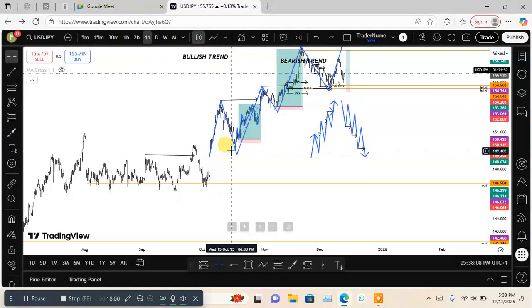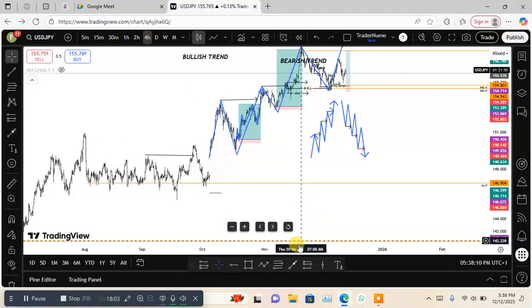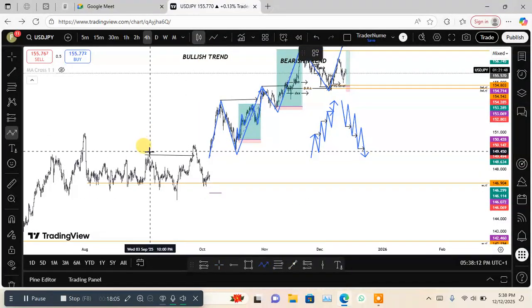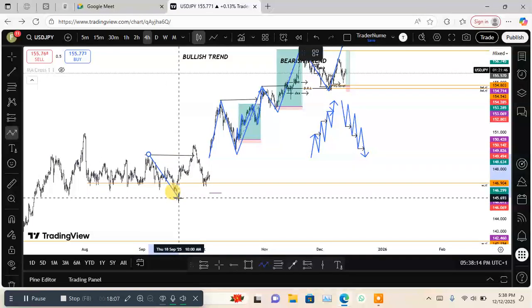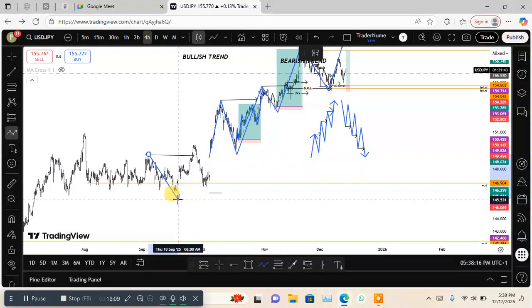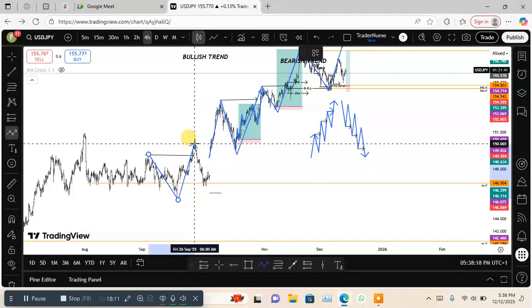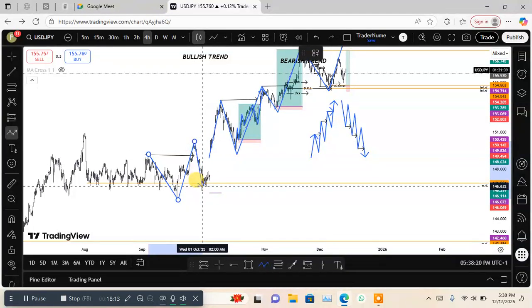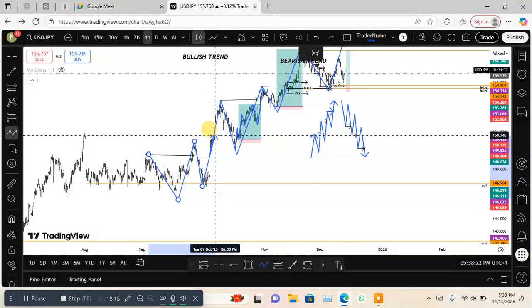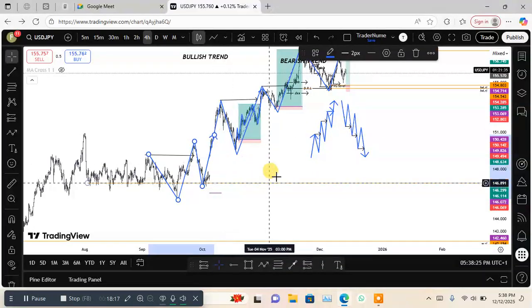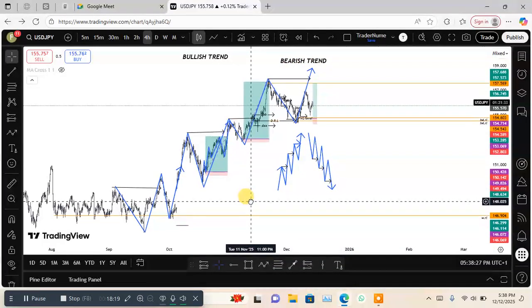So when price climbs up like that, and we see that price is climbing up on the major structure, then we now switch to our minor structures time frame to get the entries.